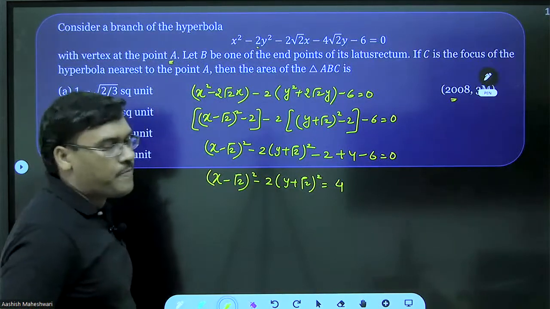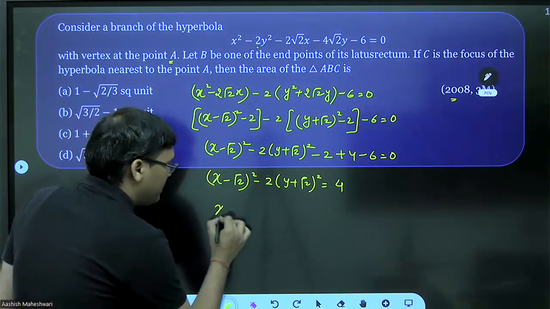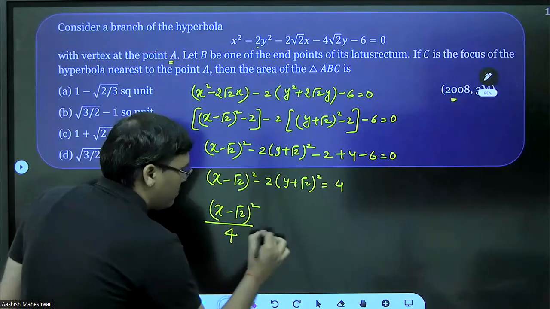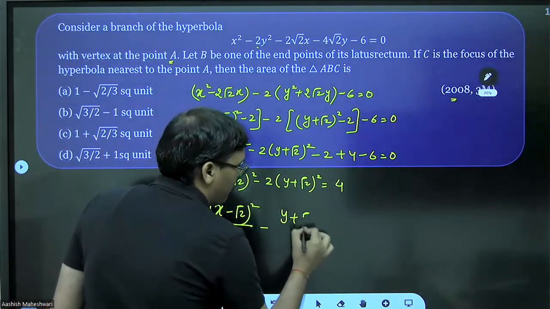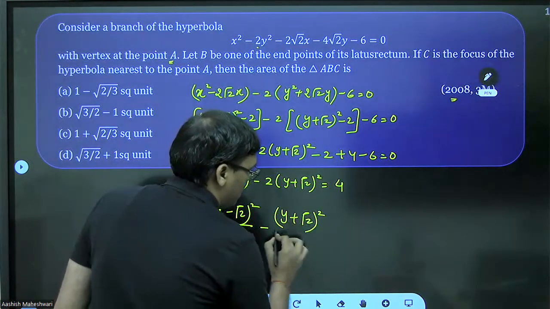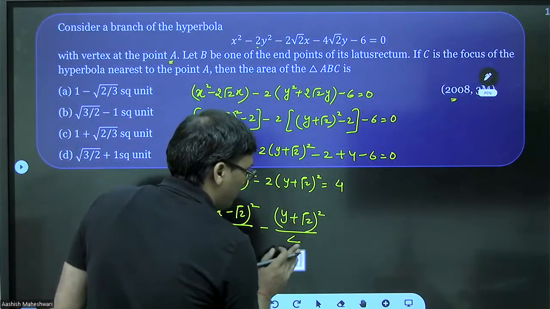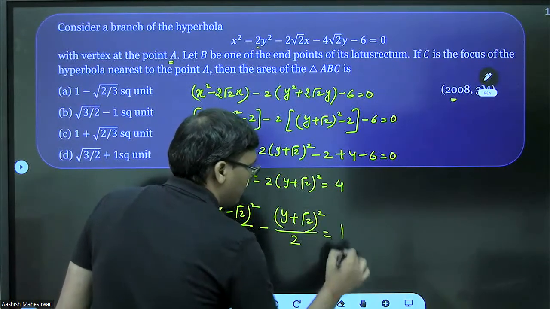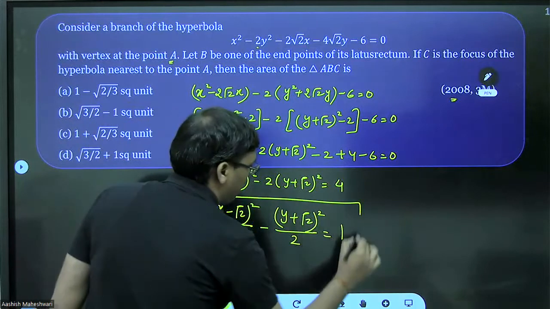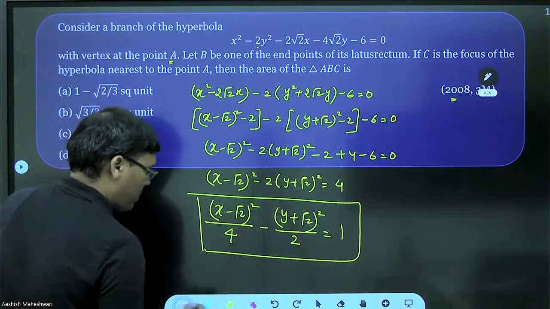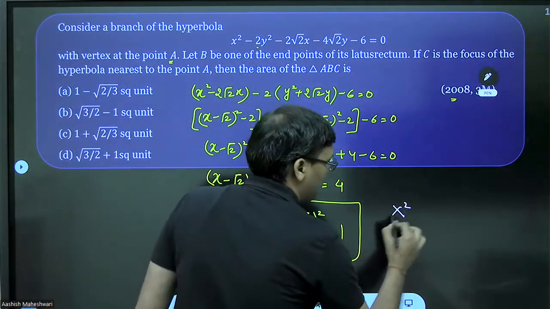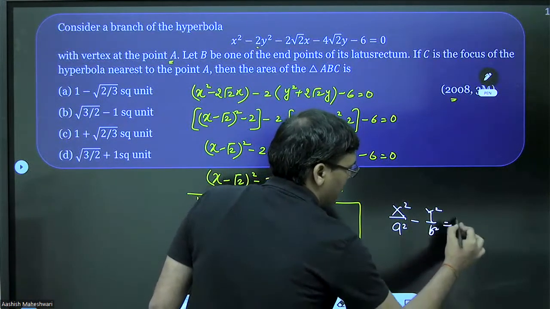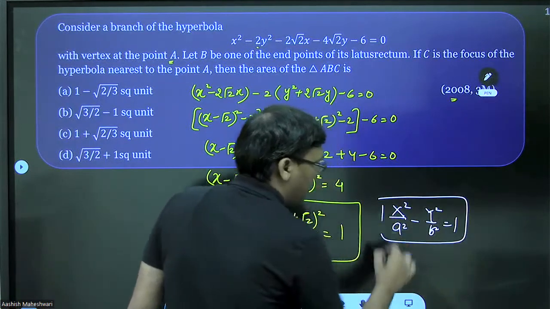I hope this is clear. So now you can see this is x minus root 2 square divided by 4 minus y plus root 2 square divided by 2 is equal to 1. So you can clearly see we have got an equation of the form x square upon a square minus y square upon b square equal to 1, which is a hyperbola.